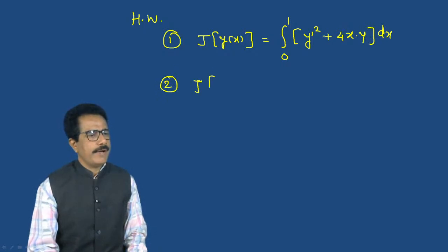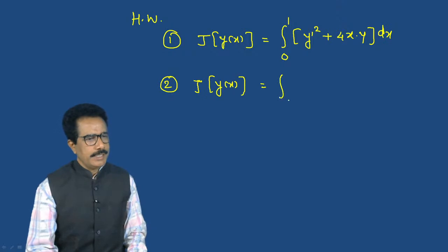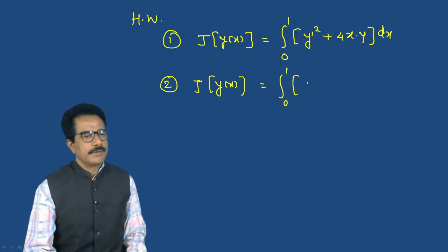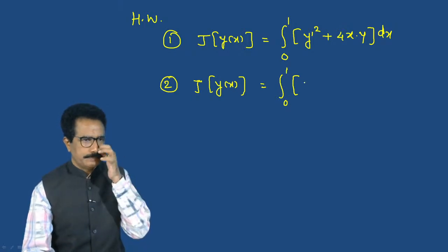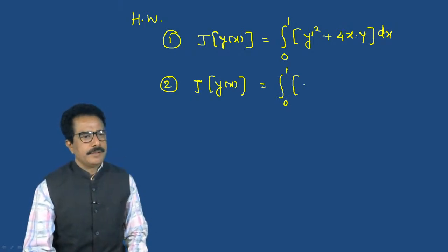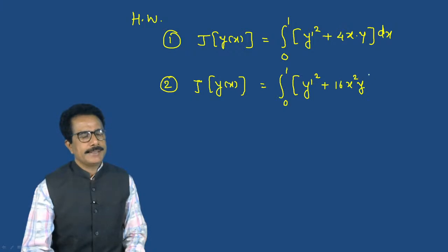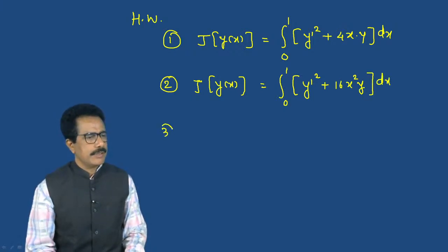Second, j of y of x is equal to the integral from 0 to 1 of y dash square plus 16x square y dx.